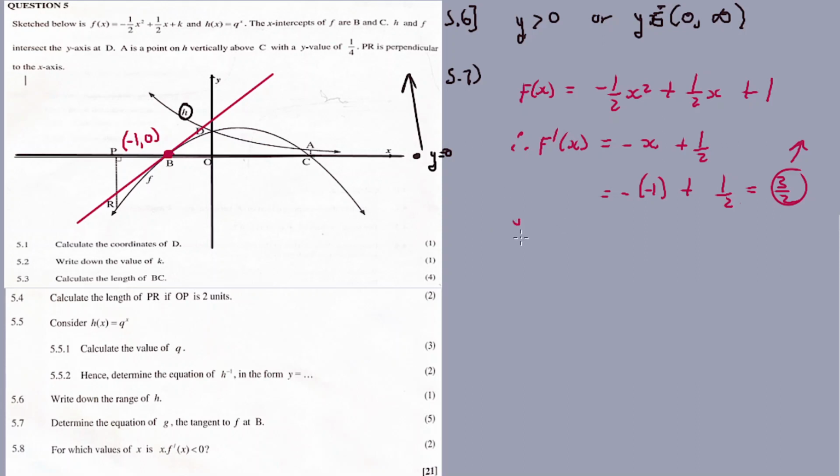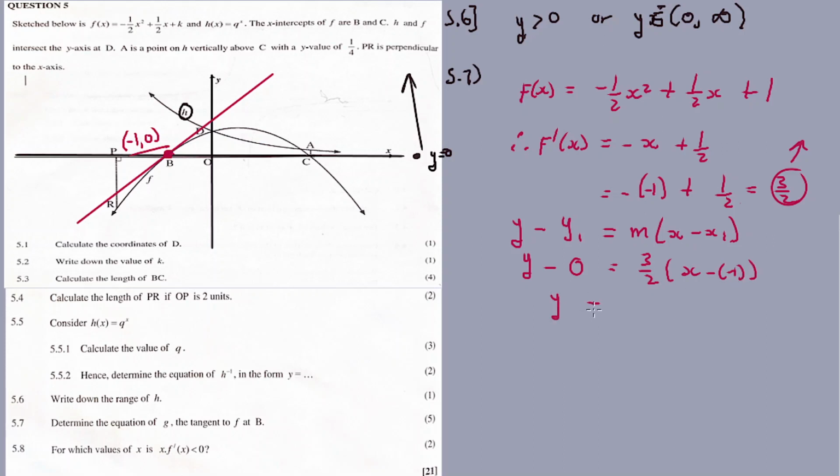So y minus y1 is equal to m times x minus x1. We substitute using the coordinates of B. So y minus 0 equals 3 over 2 times x minus negative 1.